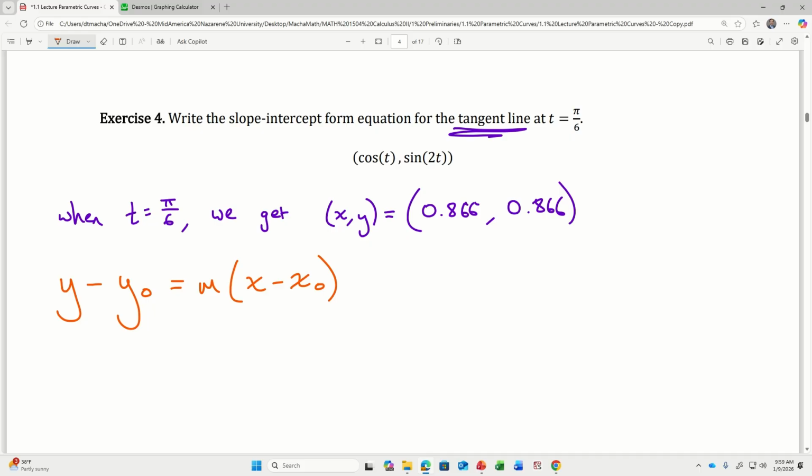And then since this is a tangent line, I want the m, the slope, to be the derivative of my function. So we're going to call this x0, we'll call this y0, and then I want this slope to be dy dx, because it's a tangent line.